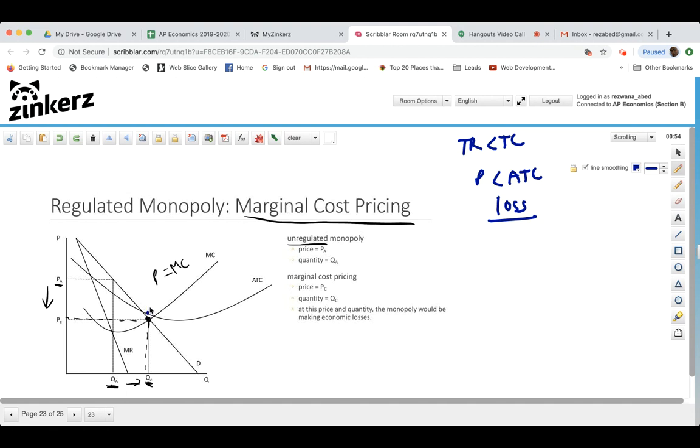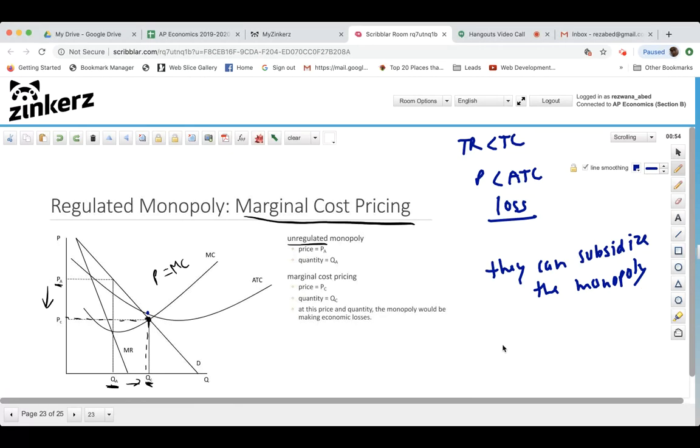And then there is nobody achieving this kind of long run average cost, economies of scale. So the government has an option, right? What they can do is, they will usually subsidize the monopoly.